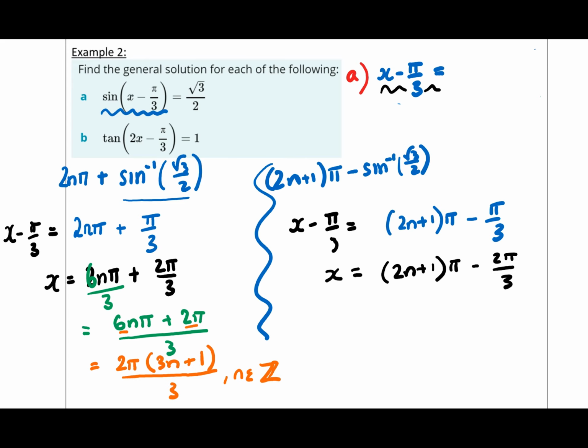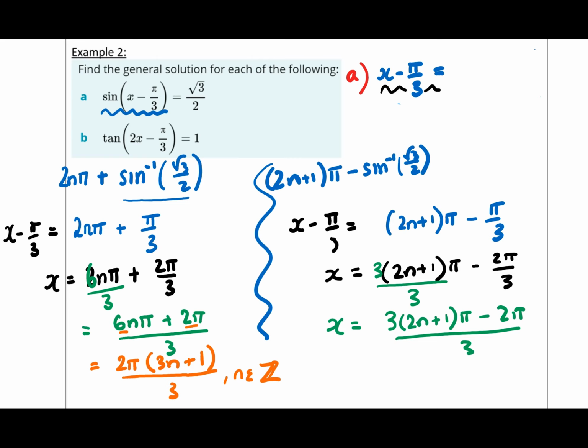So now it's important to try to get this all over one denominator. So I could times this by 3 over 3, and I end up with 3 times 2n plus 1 pi minus 2 pi all over 3.